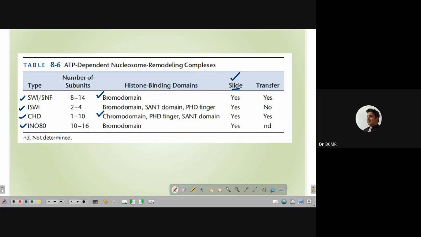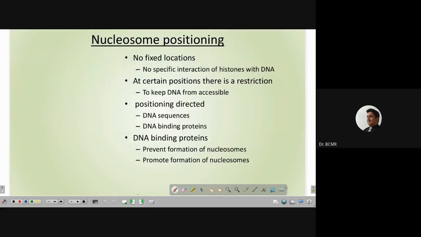When you say slide, it means the nucleosome can be slid or not, like we have seen in the previous slide. And whether transfer can happen. They can do transfer. Transfer is something like ejection from one DNA, the nucleosome is removed, and probably it could be bound by DNA from a different place, but that's all right. Just remember bromodomain and chromodomain. When we get to the later part, it will be useful, or probably in the next few slides.